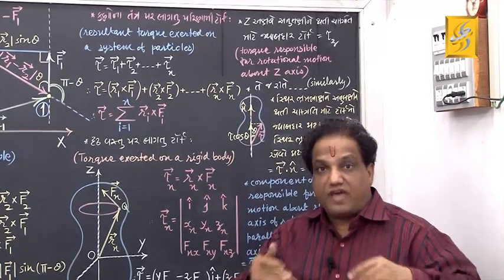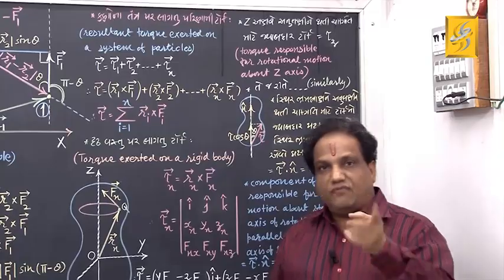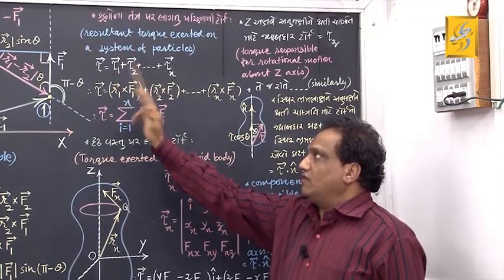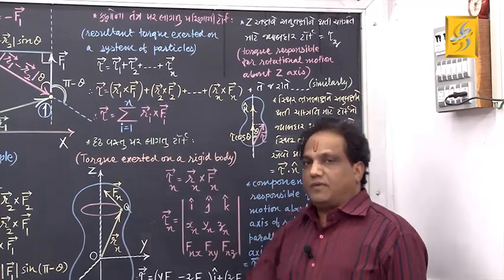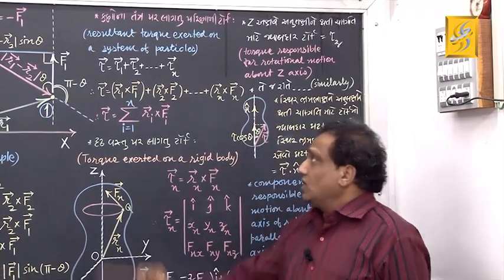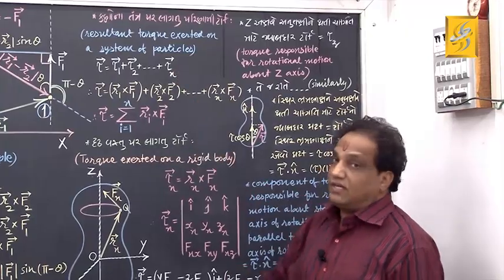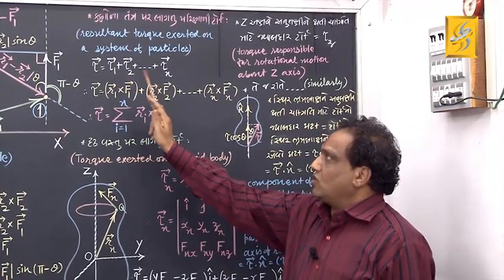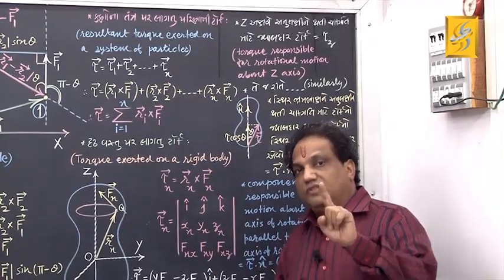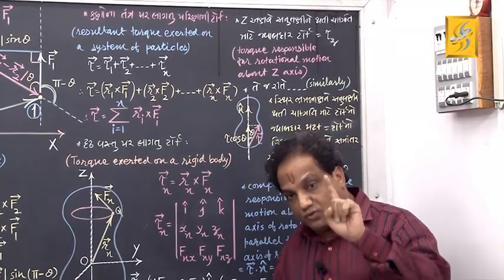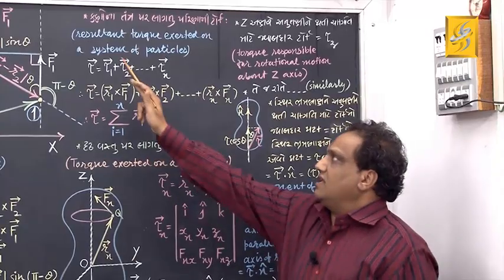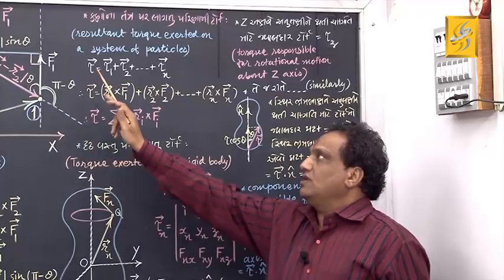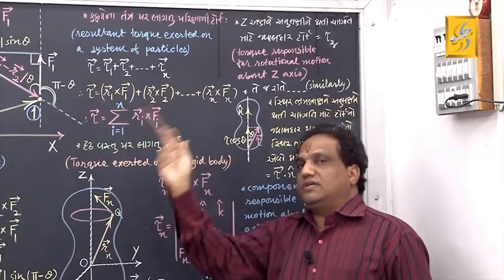Consider a system of n number of particles in which torque exerted on first particle is vector tau1, torque exerted on second particle is vector tau2, torque exerted on last particle is vector tau n.